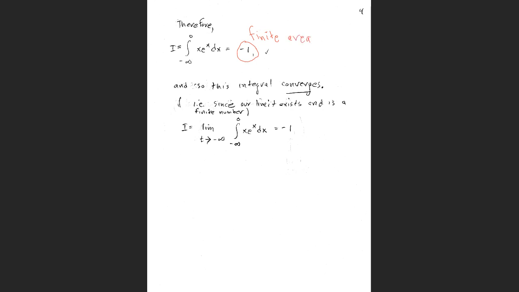So in that case, we say the integral converges. That's how you know your integral converges. The limit existed, and it's a finite number. Now, if we took the limit and got infinity or negative infinity, the integral would diverge. Very good question.